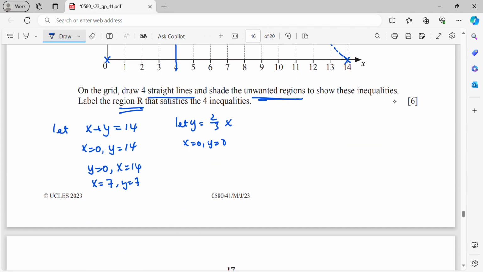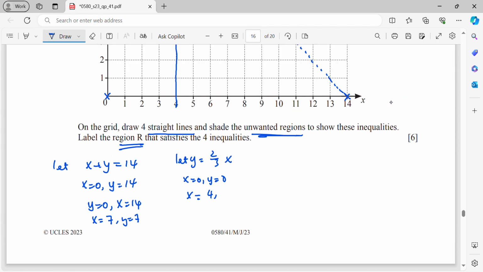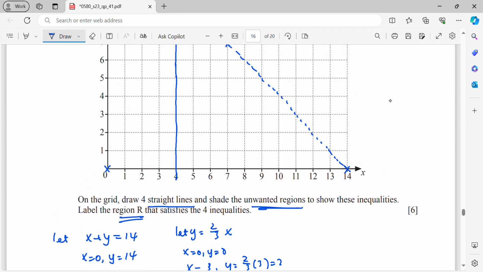When your x is 2 over 3, probably your x is 4. Or I don't want to draw 4. Let it be 3, easier. Then I will get a nice number. Let it be 3. My y is 2 over 3 times 3, which is 2. Okay, (3, 2). Then you will just mark like that.